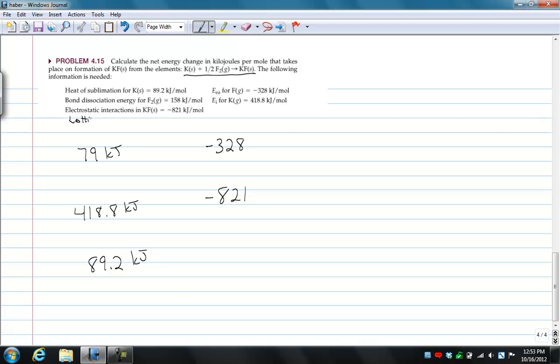Those electrostatic interactions are really just another word for the attraction of a positive thing and a negative thing. And so in the last step of this problem we need to add up all the energy it took to get to the top.